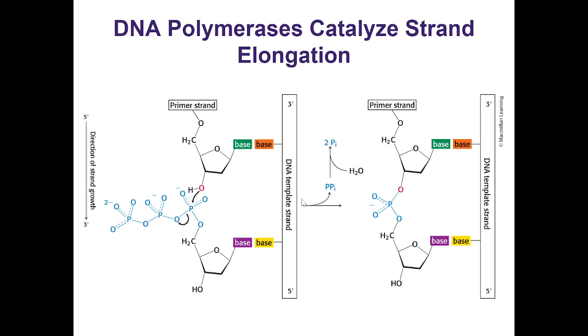Okay. Everybody said okay? Fantastic. Note, by the way, that these will leave as PPi, but they'll actually be hydrolyzed later, so you have 2 free phosphate groups. Anyways, there we go. Fantastic.